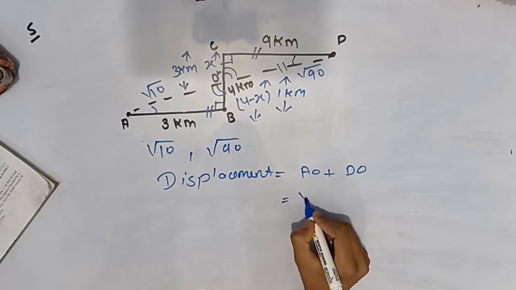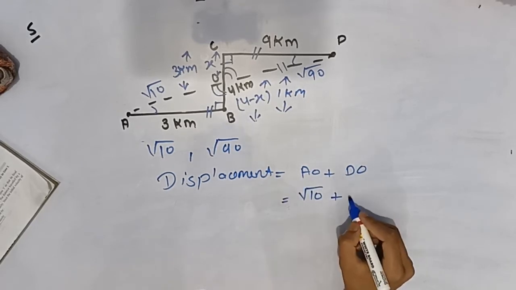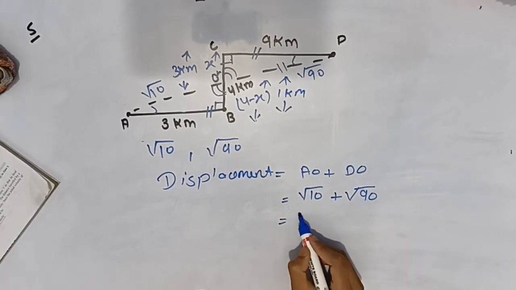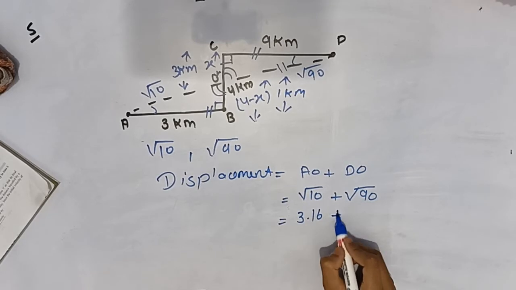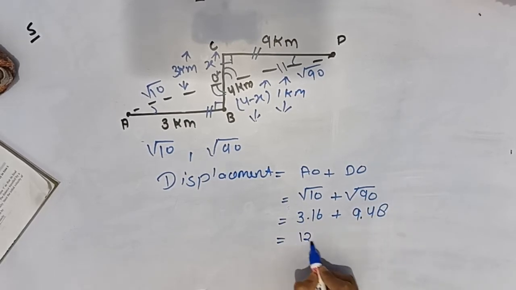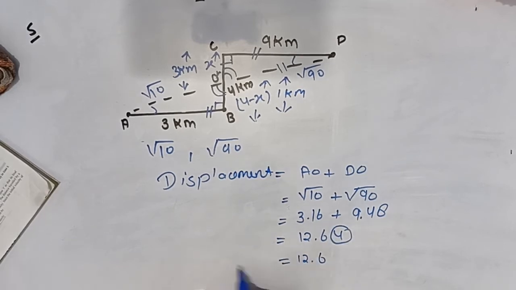So AO is root 10 plus DO is root 90. So root 10 we can write as 3.6 plus root 90 we can write as 9.48. So we will get the answer 12.64. We will round it off, so we will get the final value 12.6. So this is our displacement.